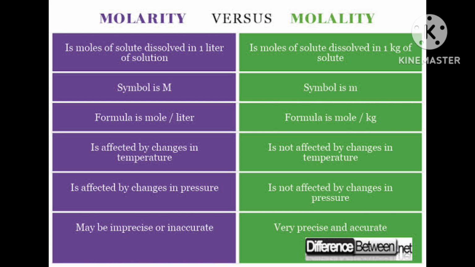Now you know all the concepts. First you should understand 20%. Then 20% means what? In a general way, 20% means 20 gram ethylene glycol is dissolved in 80 gram water. Total became 100 gram.